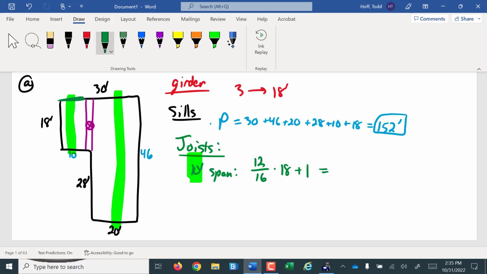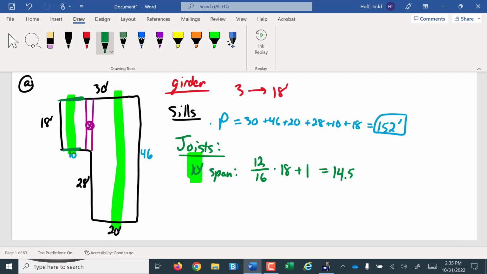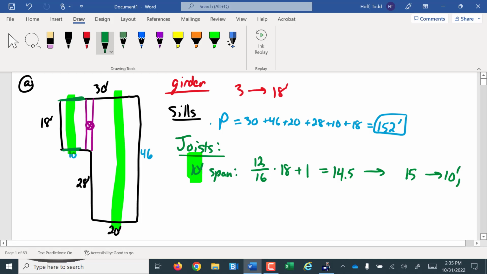Because we need 1 on both ends, it's plus 1. Now this is going to come out to a decimal, which means we're going to have to round up because 18 is not modular. So 12 divided by 16 times 18 gives us 13.5, plus the 1 is 14.5. So that rounds up to 15 of the 10-foot joists. That's the only run for the 10-footers.